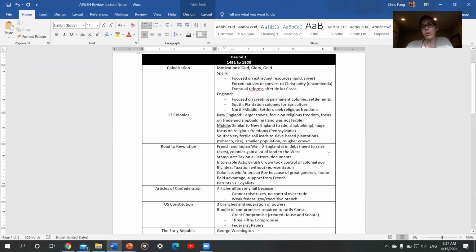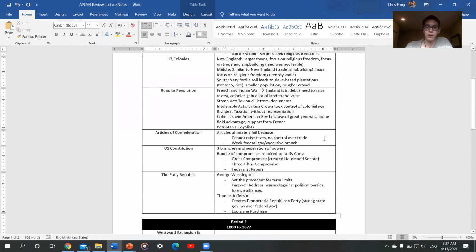And then you should be able to know a handful, 2 or 3 specific events that lead up to the American Revolution. You should be able to know the weaknesses of the Articles of the Confederation, why it failed, and the strengths of the US Constitution, why it succeeded. And then maybe a couple key contributions from our first presidents, George Washington and, skipping John Adams, Washington and Thomas Jefferson.